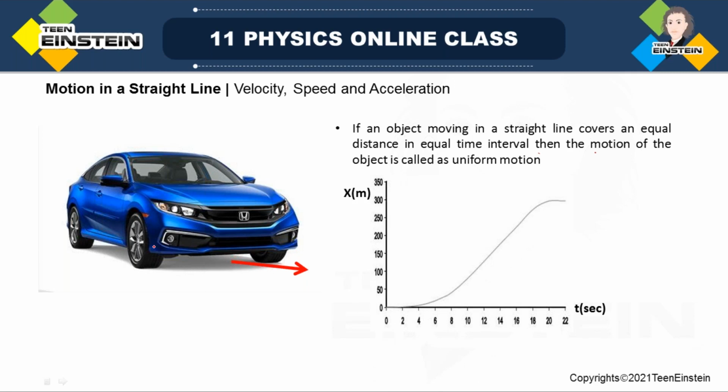Suppose this car starts from rest, that means initially the velocity was 0. That means it starts from the origin. At t equal to 0, x is equal to 0, its position is at the origin.